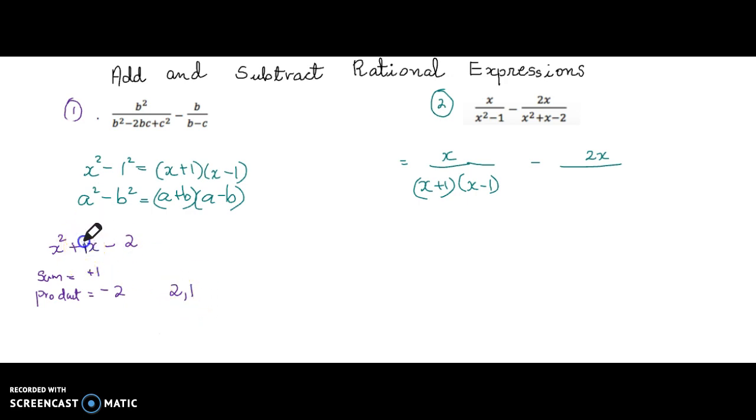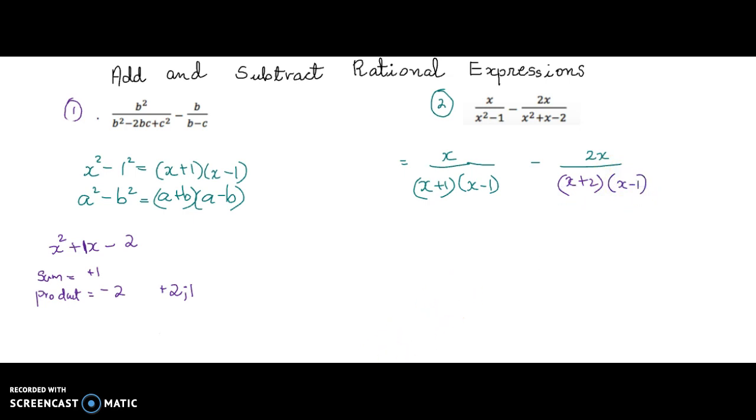I'm not going to put the 1 there all the time, but if there is no number, that's a 1, which is how I get the 1 for the sum. So the bigger number has to be positive and the smaller number has to be negative. I can factorize the denominator as x plus 2 times x minus 1.